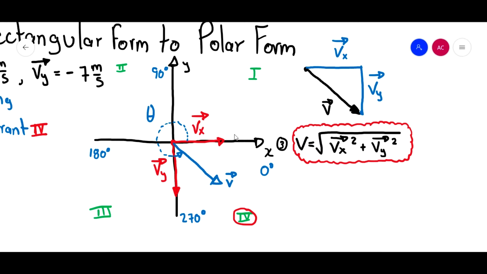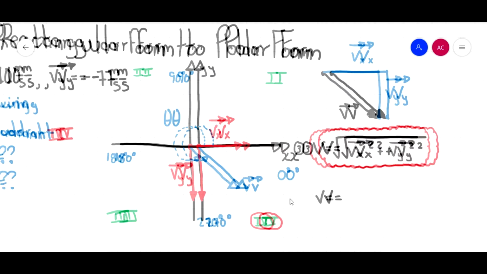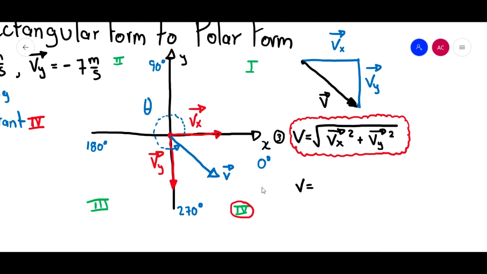Well, let's find the magnitude. If I substitute, the magnitude of the vector equals the x component, that is 10 meters per second. I'm just going to write the numbers: 10 squared plus minus 7 squared. And I recommend you have your calculator at hand.